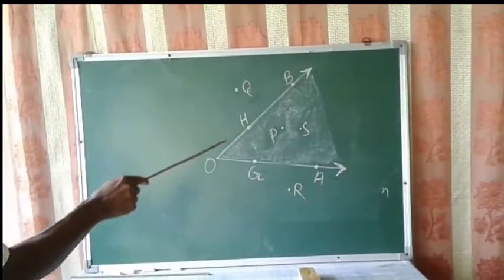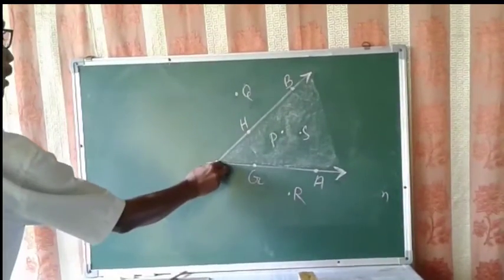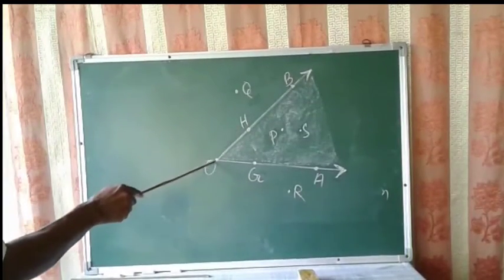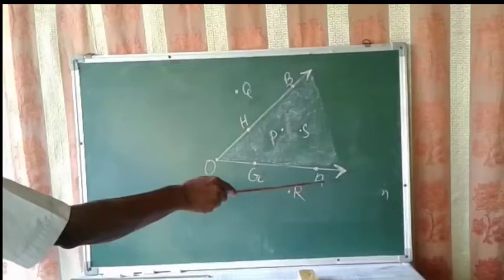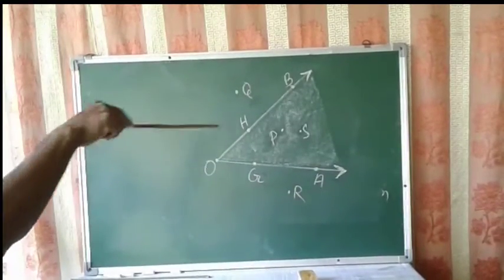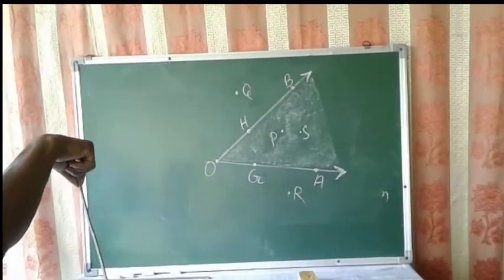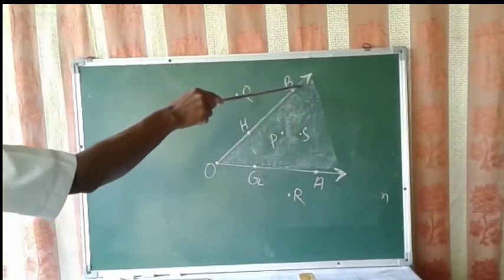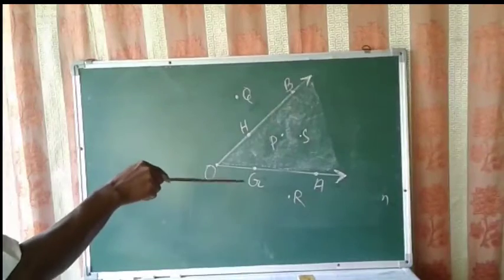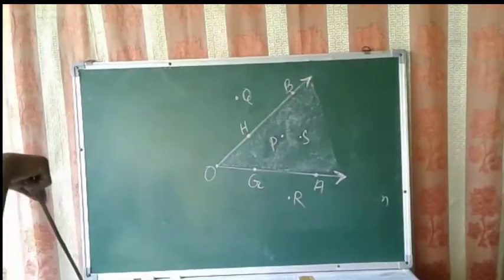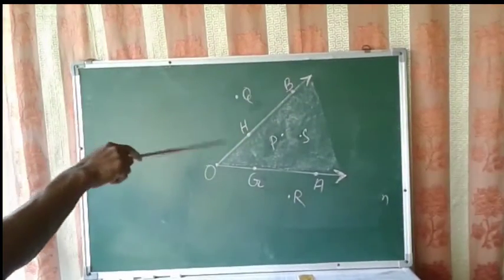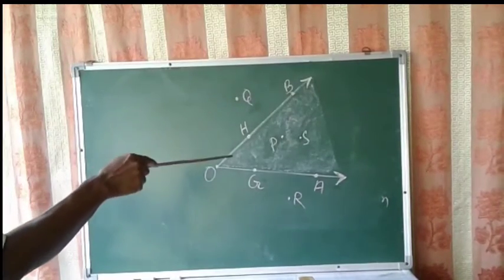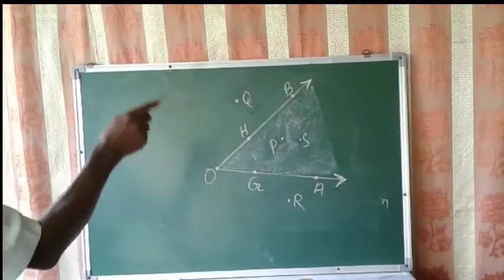These points, point B, point A, point O, point Z and point A, lie on the arms of the angle produced indefinitely. So these points lie on the angle. Next, the points R and Q lie outside of the angle.